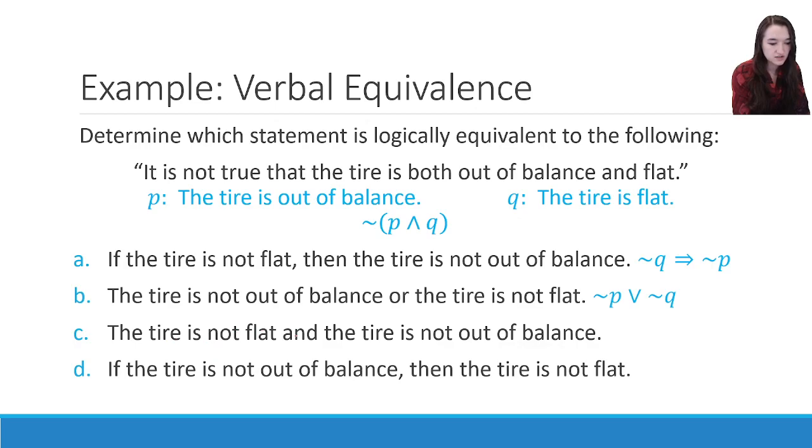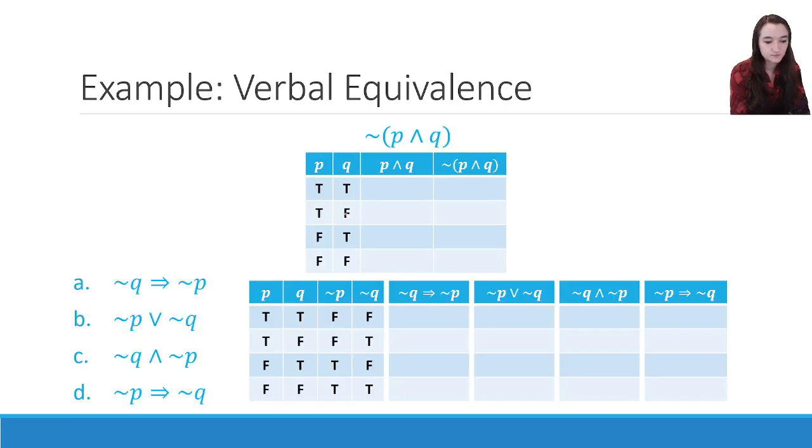The tire is not flat, so that's negation of Q, and the tire is not out of balance, that's negation of P. If the tire is not out of balance, negation of P, then the tire is not flat, that's negation of Q. So now we have these 4 different statements, and we are going to compare the truth tables to the truth table for the original statement, like so.